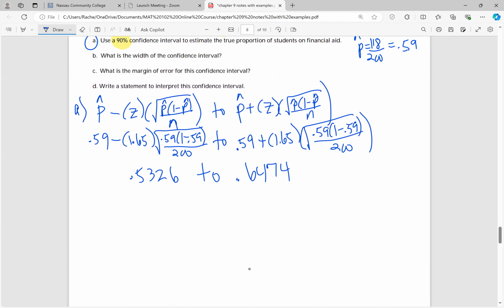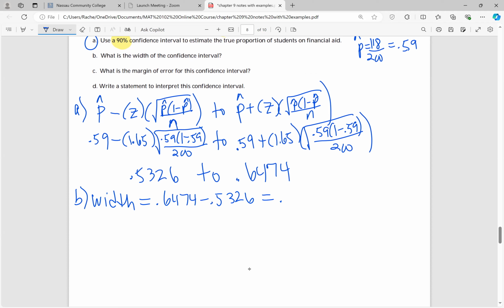So Part B says, what is the width of the confidence interval? Remember, to get the width, we just take the larger value minus the smaller value. So we're going to take 0.6474 and subtract 0.5326.